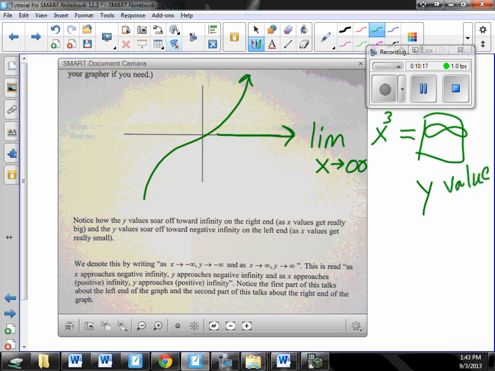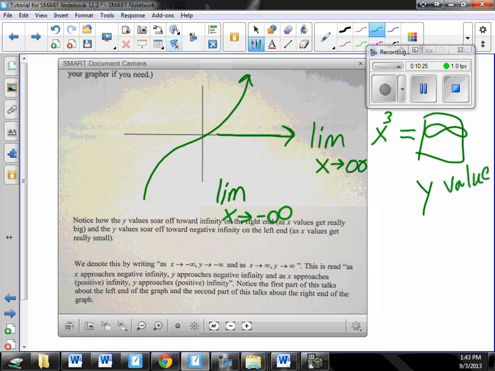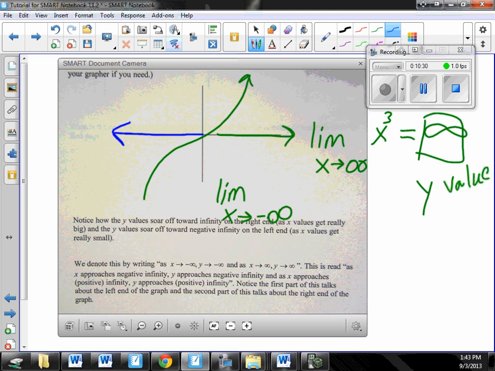Okay? Now let's look at the other side. The limit as x approaches negative infinity, which means as x goes to the left, and our equation is x to the third equals, what direction is y going if I move to the left?